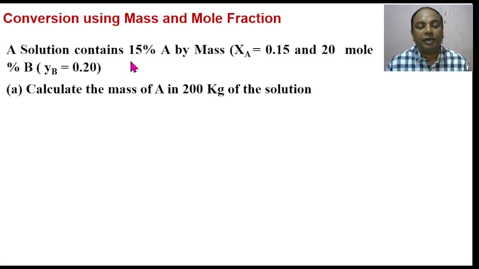A solution contains 15% A by mass. Okay, 15% A by mass. So its mass fraction is given as XA equal to 0.15, and the other constituent, B, 20 mole percent. Okay, 20 mole percent B, whose unit is given as mole percent.